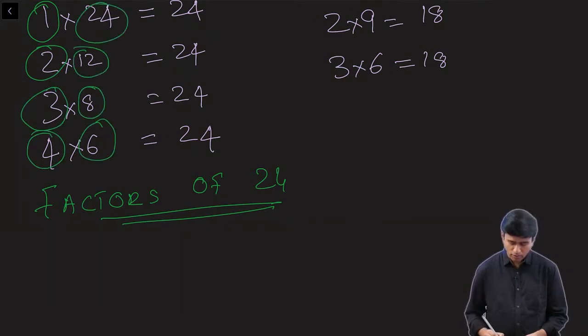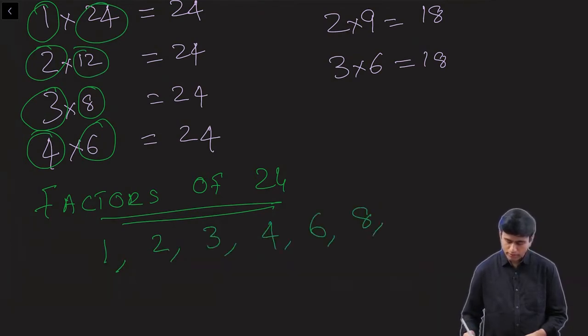I'm going to write it down. 1, 2, 3, 4, 6, 8, 12, 24. These are the factors of 24.